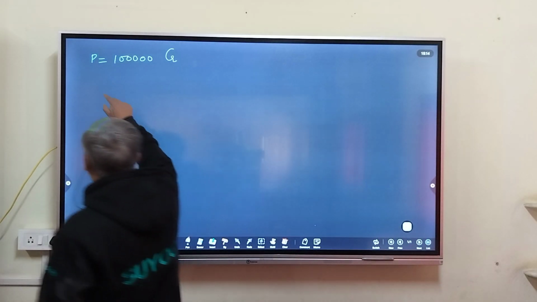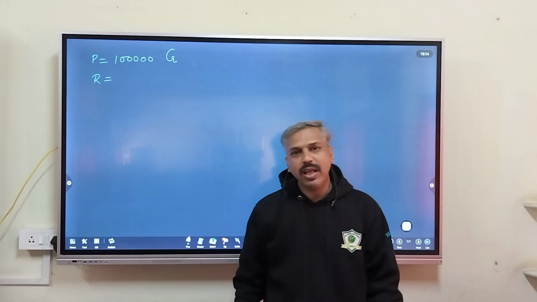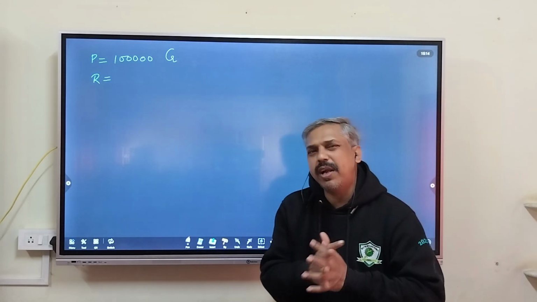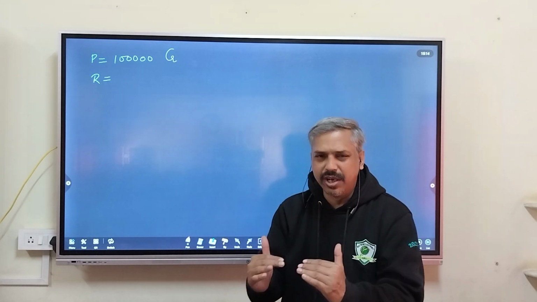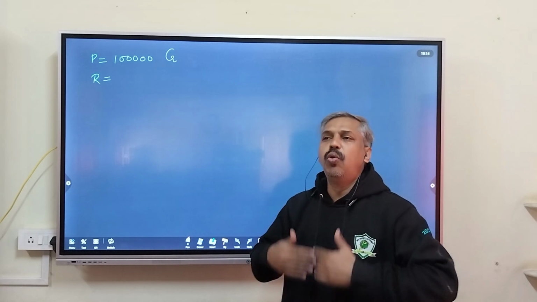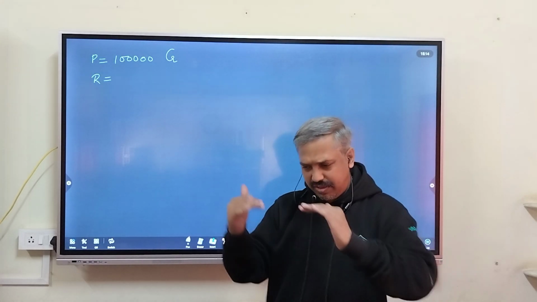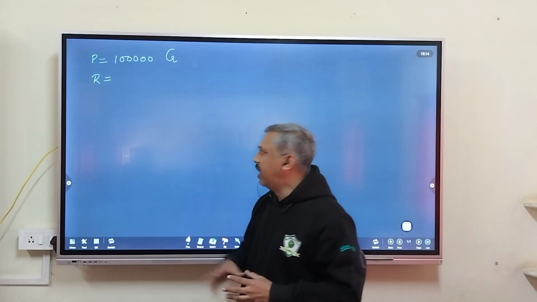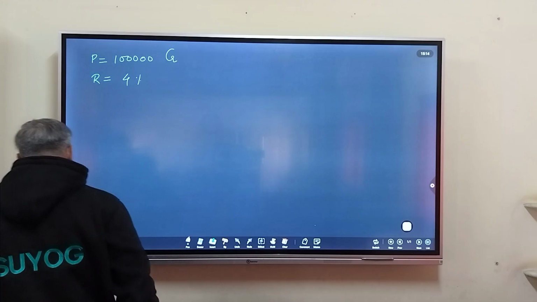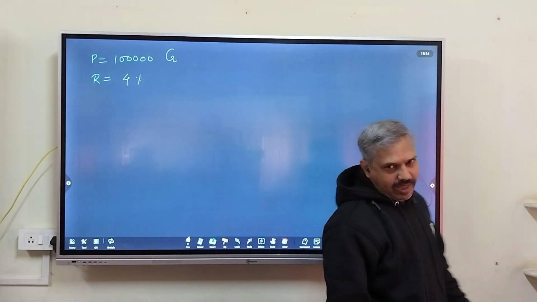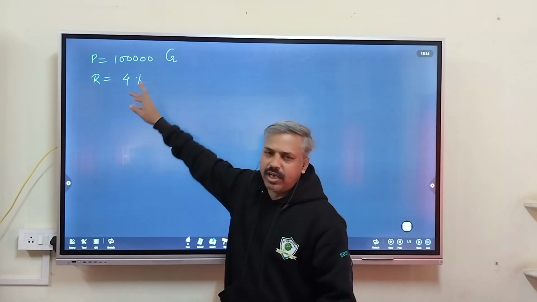Then it is already estimated that the rate of decay, what is decay? Because of the friction, because of wear and tear, the cost will reduce. The effective value of that particular thing will reduce. So it will no longer be of the same value after 1 year, after 2 years, after 3 years. The value will keep on reducing. It is already estimated that the rate of decay is 4%. And then this is scientifically determined. It is not determined just like that.